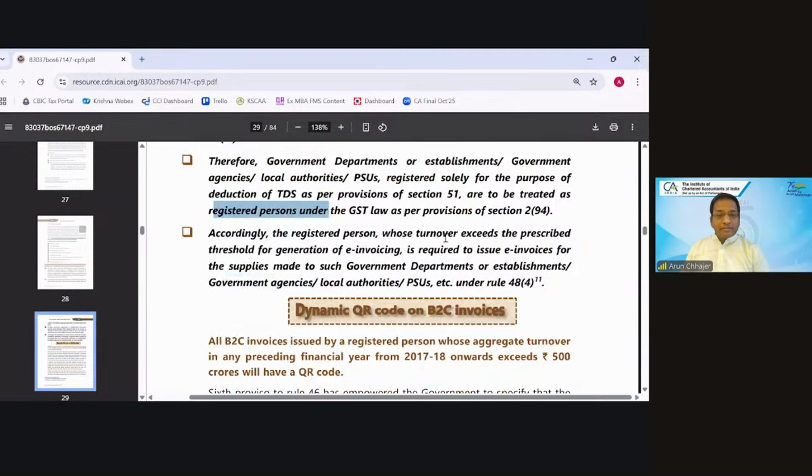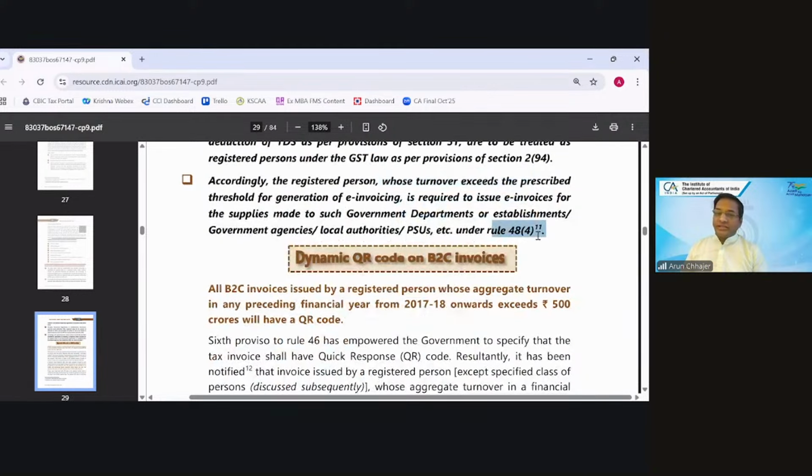Accordingly, the person whose turnover exceeds the prescribed limit for generation of e-invoice is required to issue the e-invoice as per rule 48 sub-rule 4.